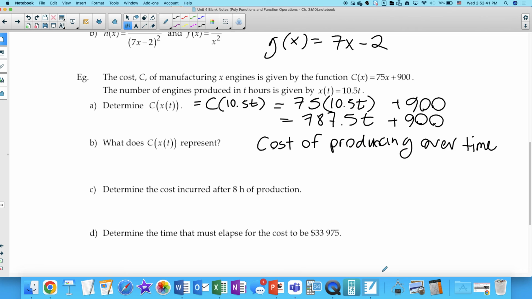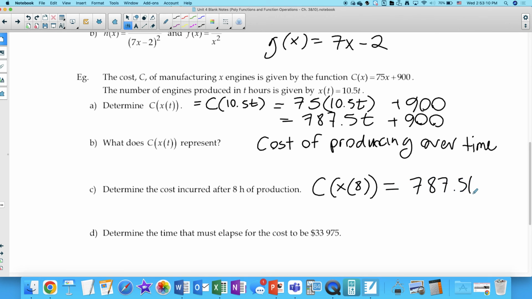So this is essentially C of 10.5 times 8. No, I'm going to write it this way: C of x of 8 is now 787.5 times 8 plus 900.